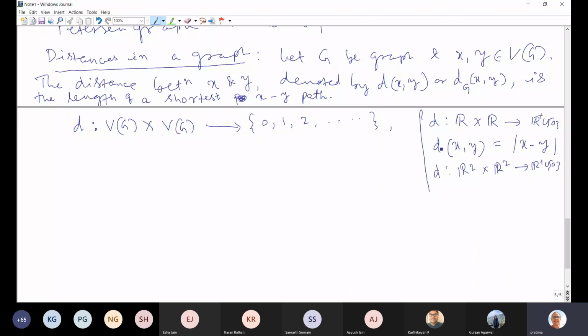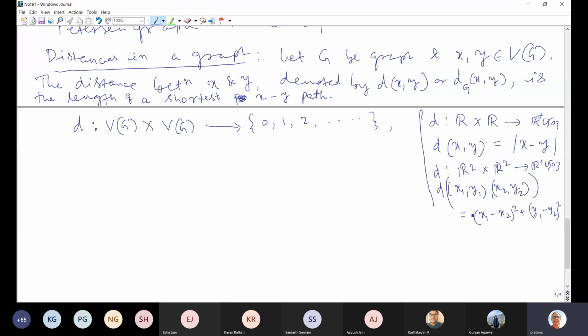The Euclidean distance between (x1, y1) and (x2, y2) is the square root of (x1 minus x2) whole square plus (y1 minus y2) whole square.